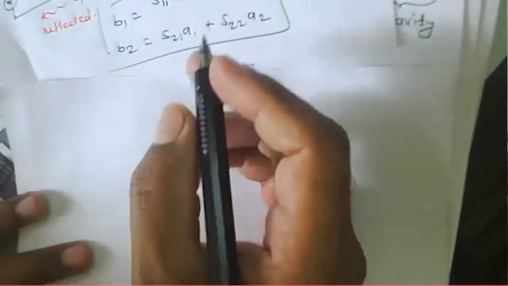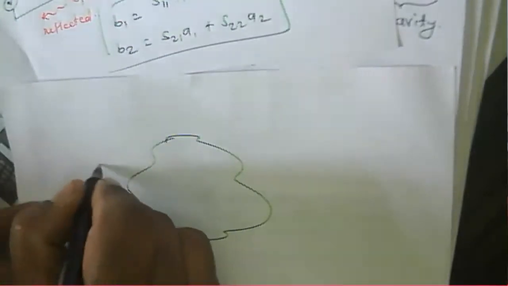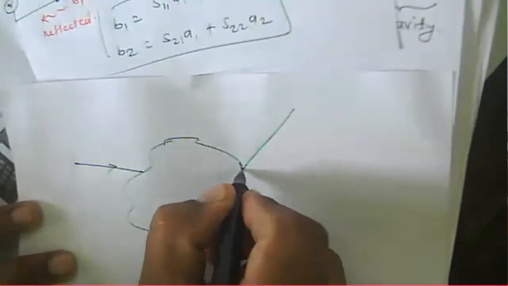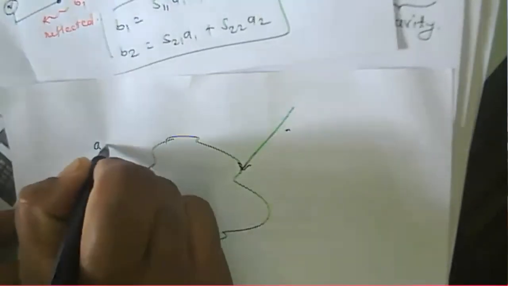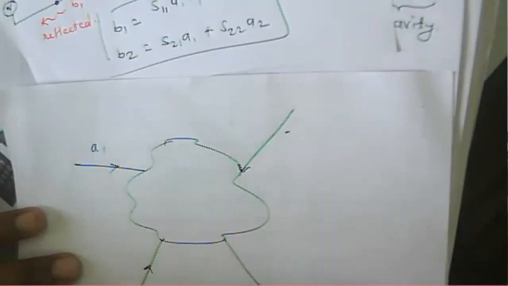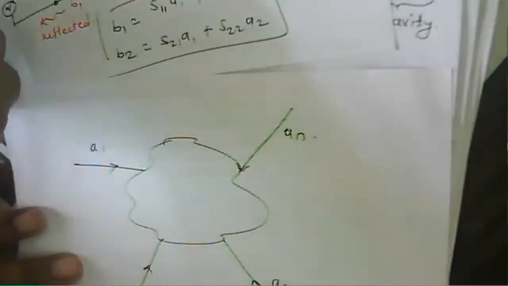It looks like a component, and we are providing the incident waves here: A1, A2, A3, up to AN.